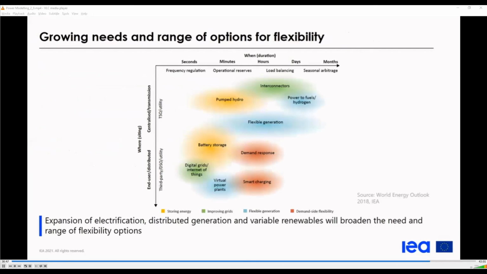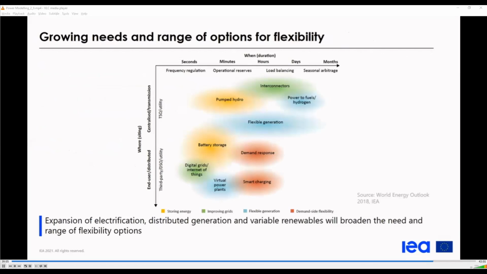So we can see how these categories fit in the general flexibility landscape, with decentralized options at the bottom and utility-scale solutions on top.